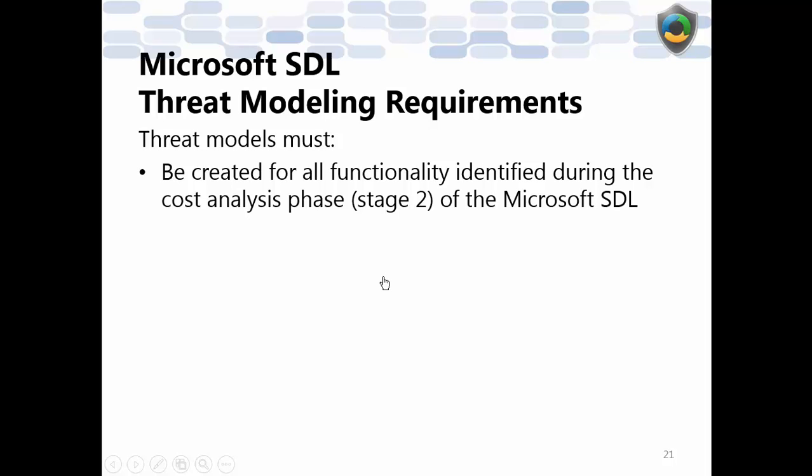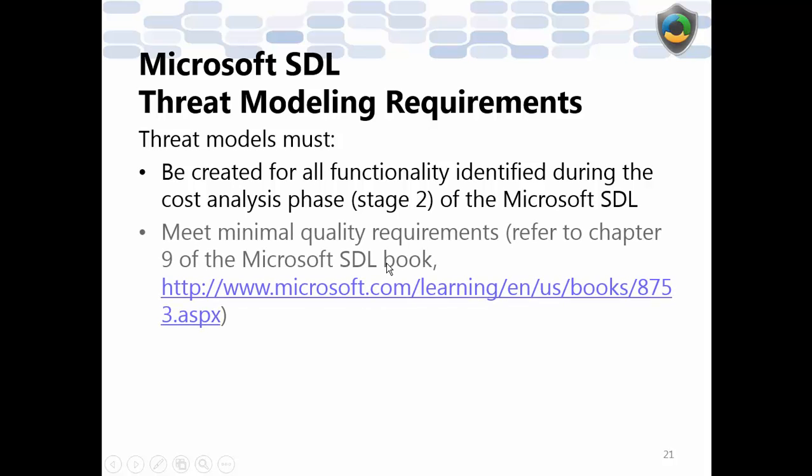Since the inception of the Microsoft SDL in 2004, Microsoft has required that all product teams create threat models, and that all threat models meet the following requirements. The first requirement is that all functionality defined during the cost analysis phase, which is called stage 2, must have corresponding threat models.